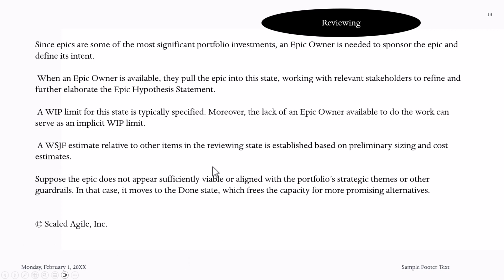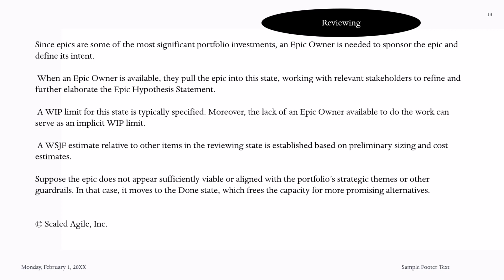Suppose the epic does not appear sufficiently viable or aligned with the portfolio strategic theme or guardrails. In that case, it moves to done. If it doesn't add anything when you look at the strategic theme of the company and doesn't align, it can be dropped to a done state. Or maybe you create an epic hypothesis statement and you see the hypothesis doesn't add up, then some of those epics can be dropped.